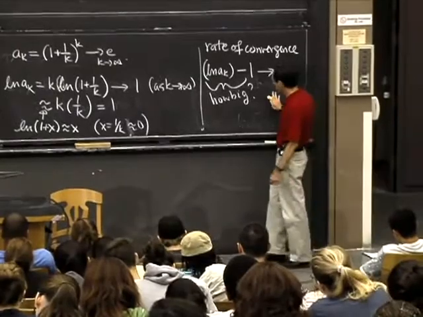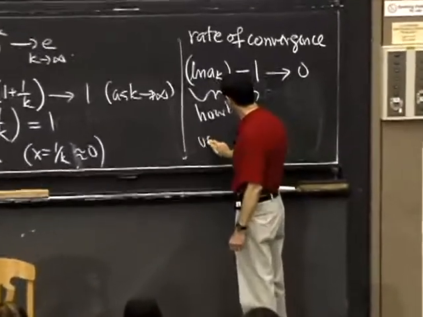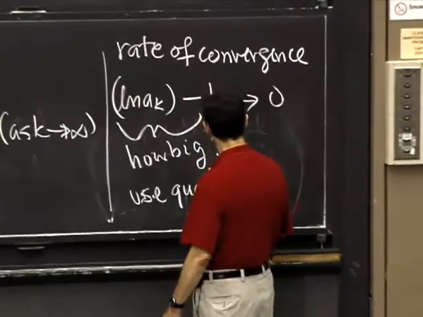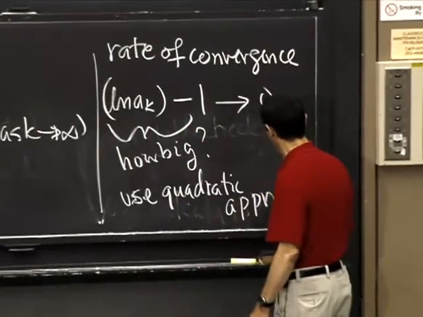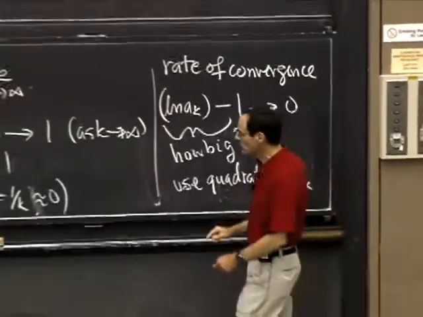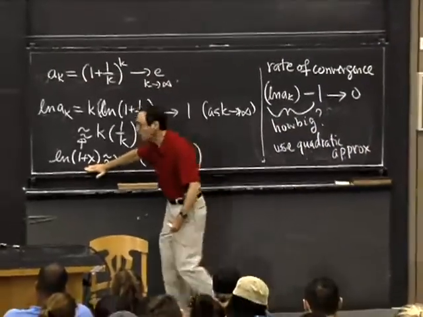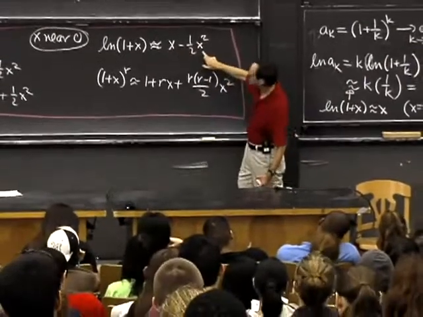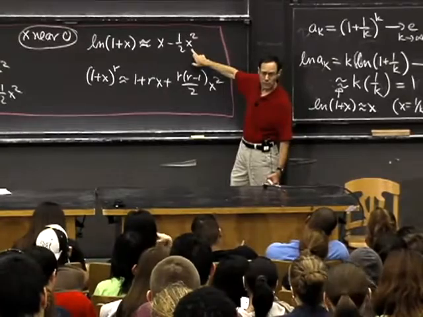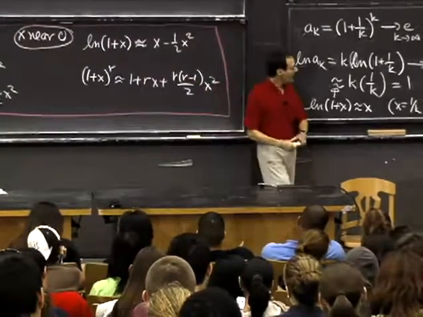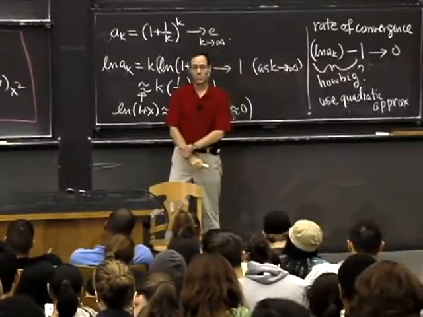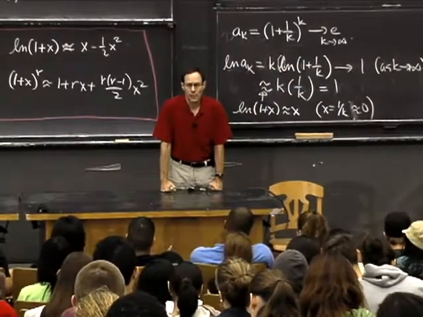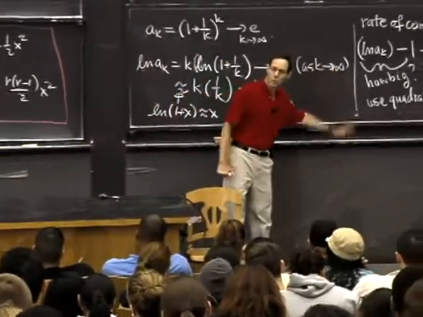The answer just uses the quadratic approximation. If I have a little bit more detail than this expression, in other words the next higher order term, this is like 1 over k, and this is like 1 over k squared, then I can understand how big the difference is between the expression that I've got and its limit. That's what's on your homework. This is on your problem set.